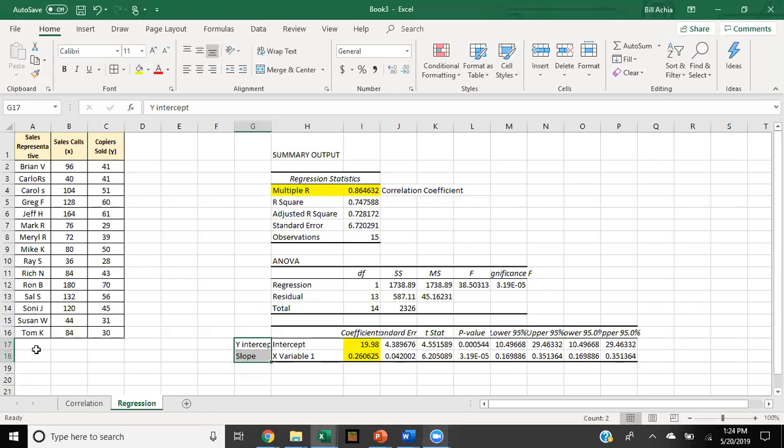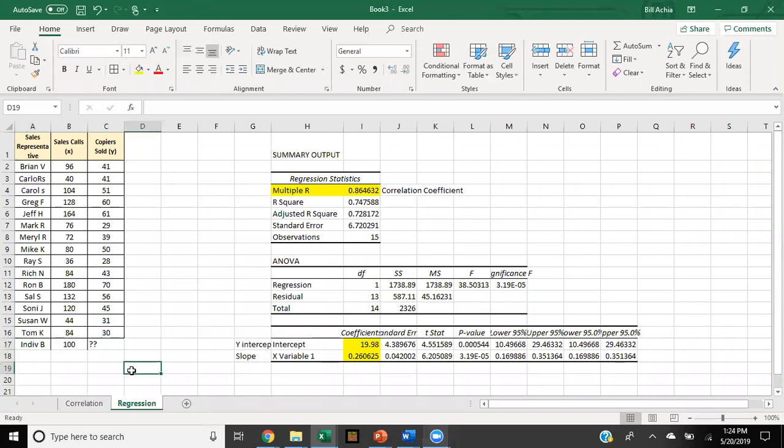If I had some individual B who made 100 calls, I might be interested in knowing how many copies should we anticipate they would sell if the pattern holds true. Okay, now I could use this information here and come up with a value.